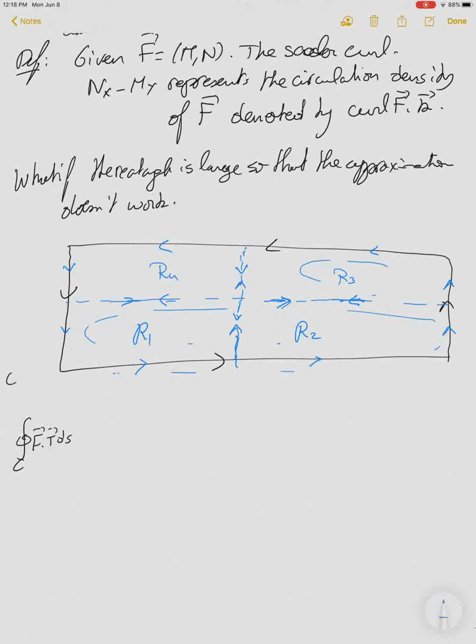So what is the integral over R1 plus R2 plus R3 plus R4? Which arrows really survive? It's the arrows that are the boundary of my big rectangle, correct? So this is equal to the integral over R1 of F dot T ds plus the integral over R2 plus the integral over R3 plus the integral over R4 of F dot T ds.